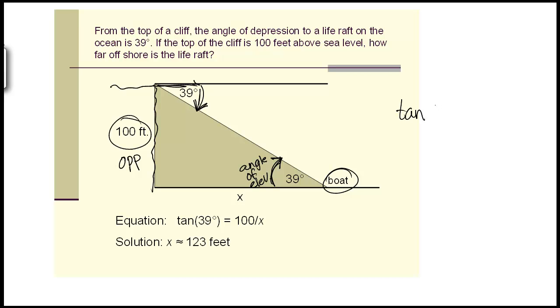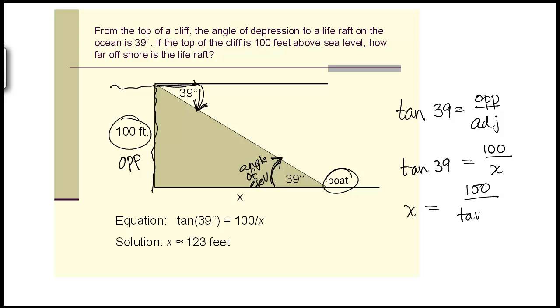So the tangent of 39 degrees is the opposite over the adjacent. This is where they get tangent of 39 is equal to the opposite over the base. Because the variable is in the denominator, this is where we're going to switch it, and x is equal to 100 divided by the tangent of 39. And that's why we get roughly 123 feet.